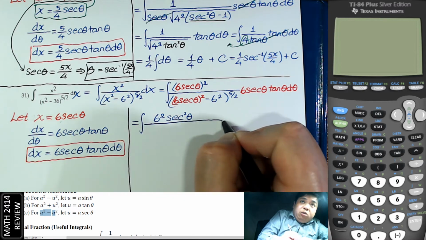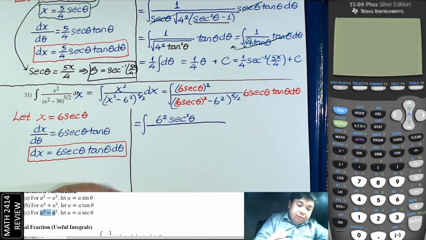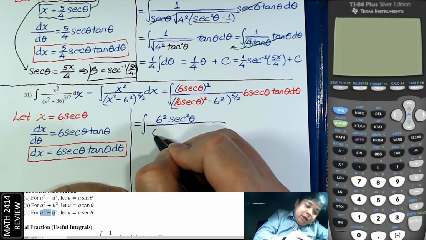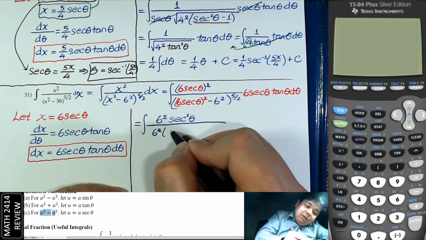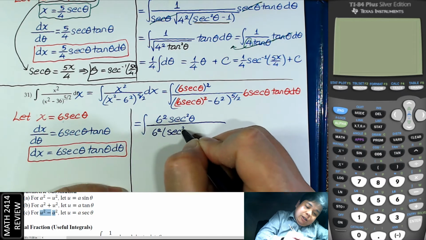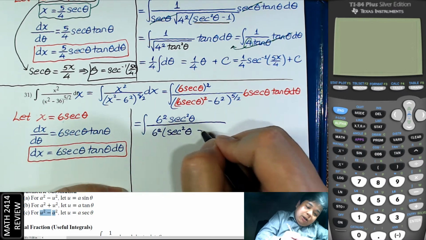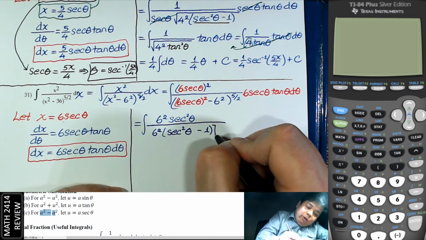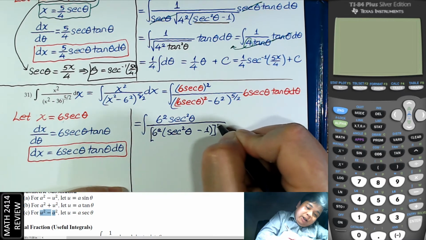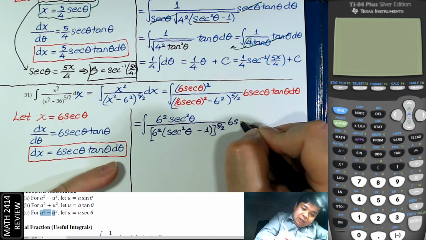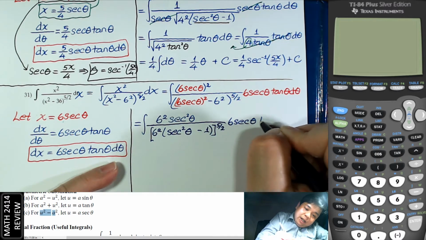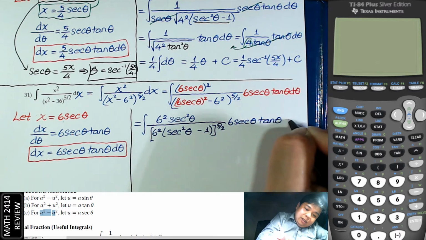So that gives us 6 squared. I can factor out the 6 squared. Now secant squared minus 1, all that to the 5/2. Then we still have 6 secant theta tangent theta d theta.